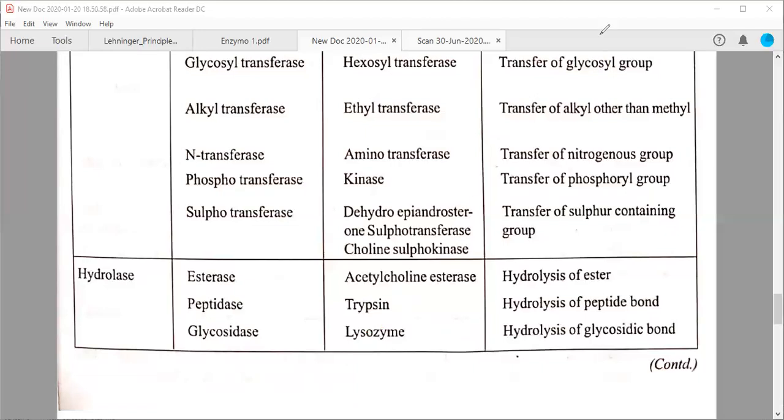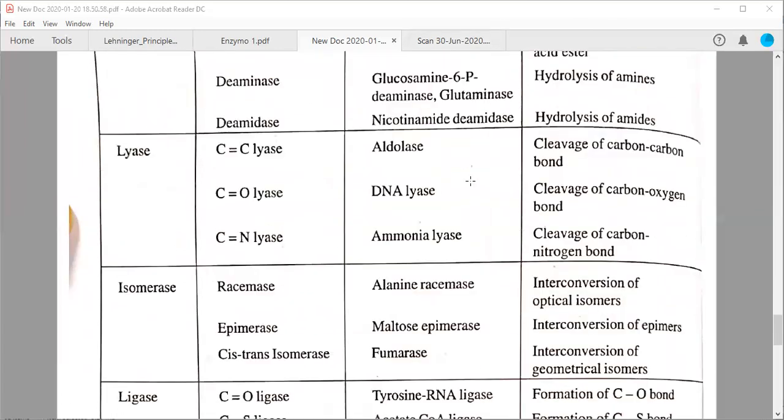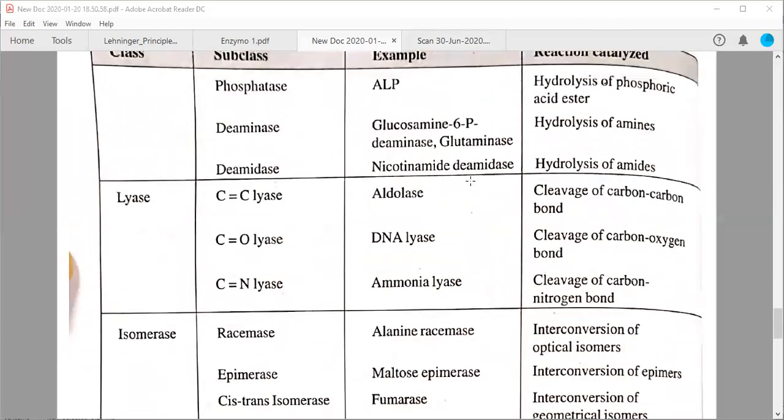Then there are other enzymes also. Some phosphatases, for example, ALP is an example. Some deaminases which will remove the amine group, for example glutaminase. So these are important actually, and you need to remember this also.